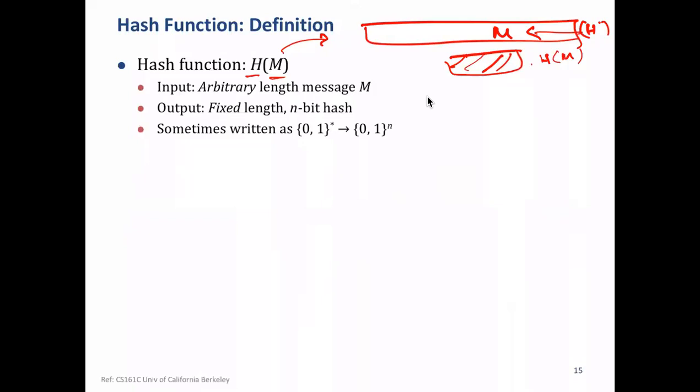This m could be of arbitrary length, as we said earlier, but the output that you get, this fingerprint, is of fixed size, which we say is n bits, or anything that you define. So when you apply a hash function on an arbitrary length message or any file, you get a hash output of fixed size, which is the signature of it.